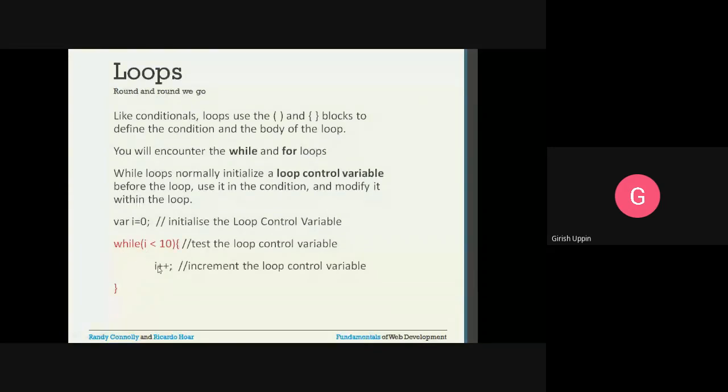It will go until i value becomes 10. So when i is 9, 9 less than 10, true, it will execute the body. Now i value becomes 10. So 10 less than 10, which is false. So that is the end of this loop. So it will come to the end of the while statement. Whatever is the statement next to the while will start getting executed.